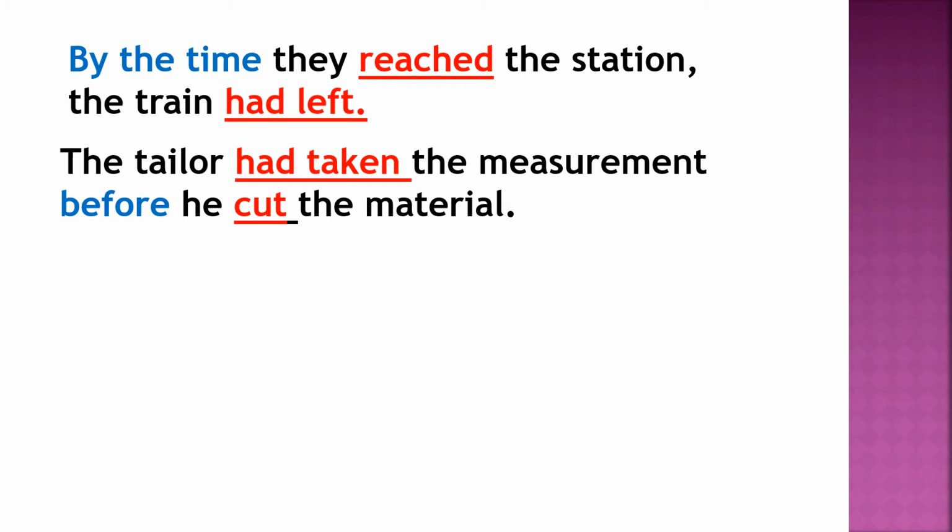Here, the first action is in the second sentence, and in the sentence of by the time or before, we use the second action and the past simple. Like, the tailor had taken the measurement before he cut the material. Okay?